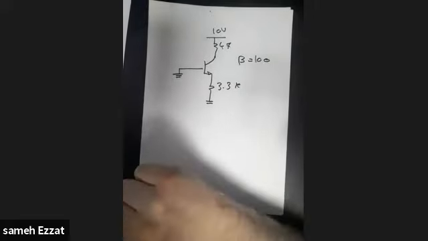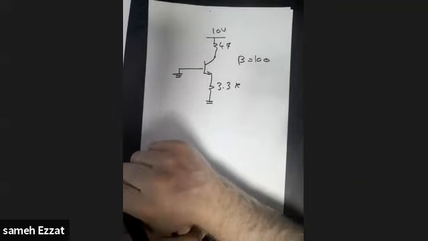If you remember, in these three examples, we just change the voltage applied to the base. First, we start with 4 volts, then 6, and now it's ground. The easiest one.